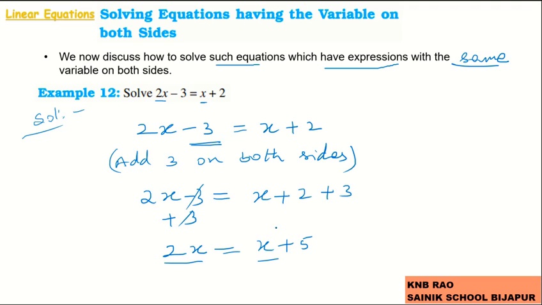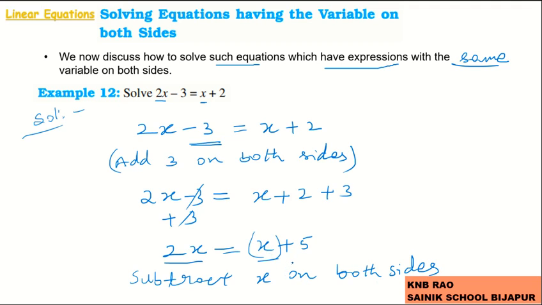For that, now I will subtract x on both sides. Why should I subtract? I have to subtract because x is here in the right hand side as an addend.